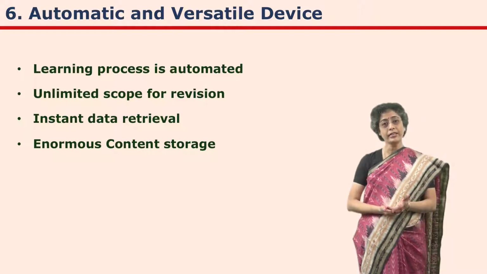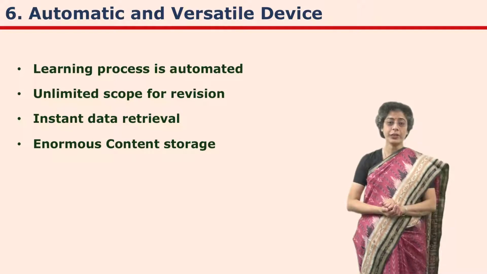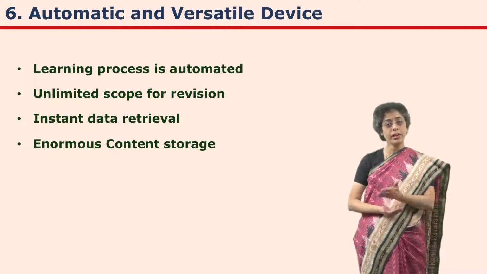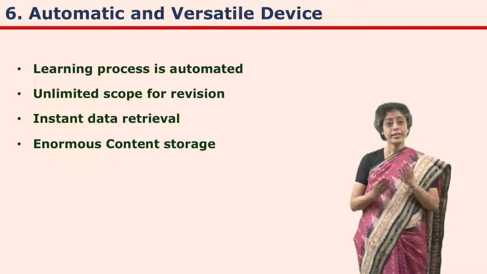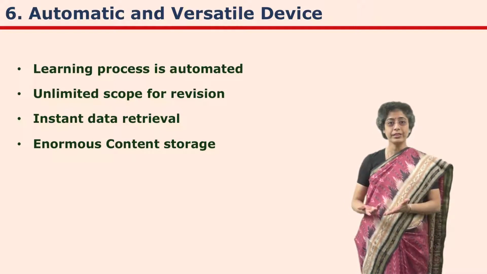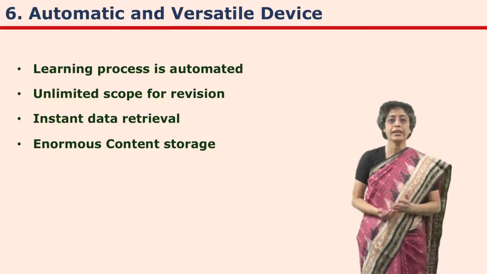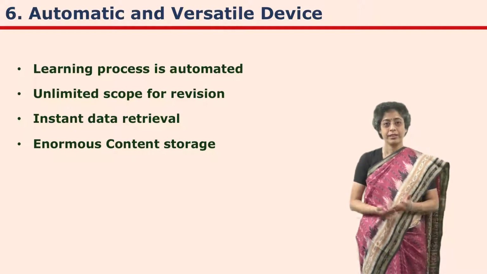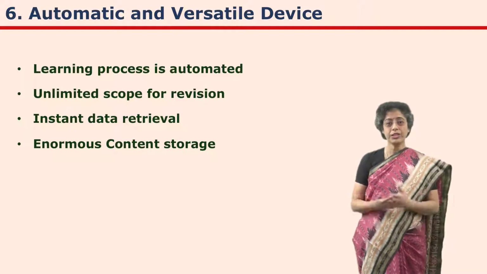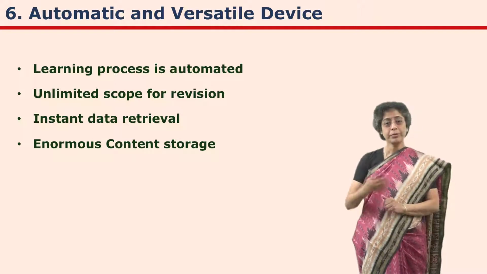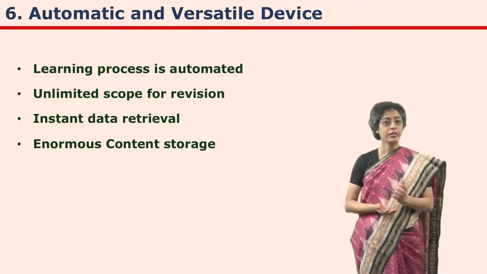The computer is an automatic machine and that is why the entire learning process is automated in CAI. The computer also has enormous data storage capacity. Information can be processed, stored and retrieved. This characteristic of the computer helps us in making CAI very effective. The learner can retrieve information whenever needed. The computer automates learning by giving immediate feedback to many activities and question answers.